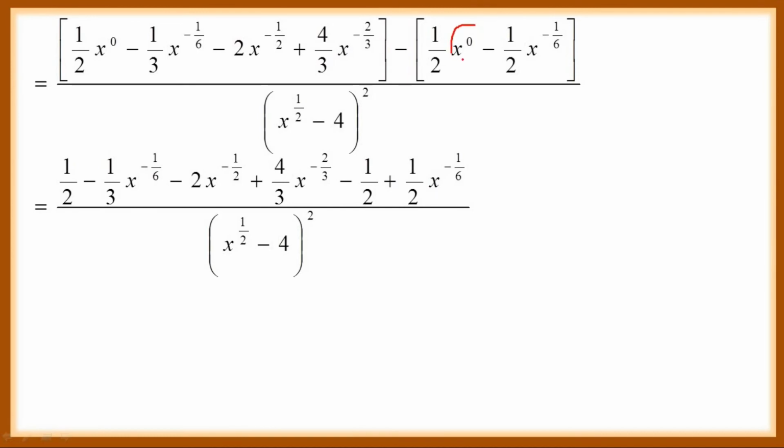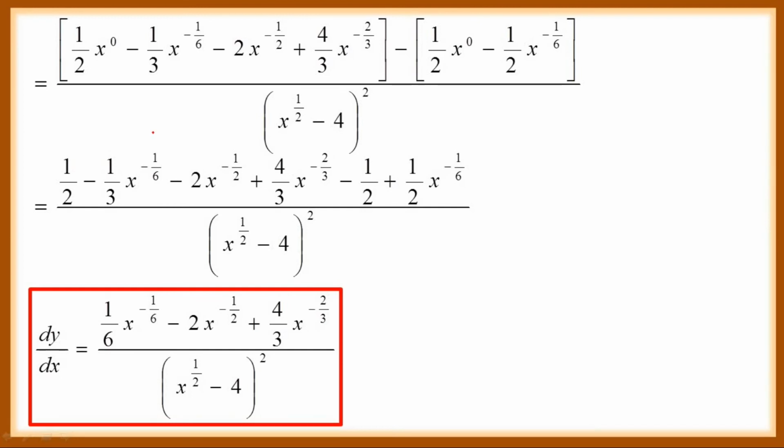Yung mga x raised to 0 natin, naging 1 na sila. Now, pag samasamahin natin yung mga terms na pare-pareho ang variable, uy, may magandang nangyari, si 1/2 at si negative 1/2. So, 1/2 minus 1/2, that is equal to 0. Mawawala na tong part na to. And then, we have x raised to negative 1/6.